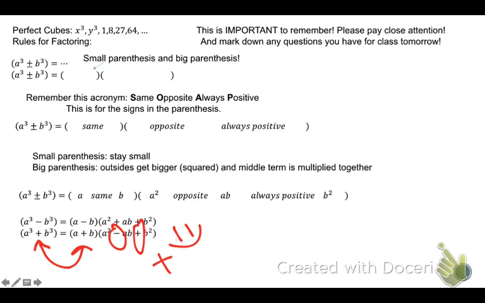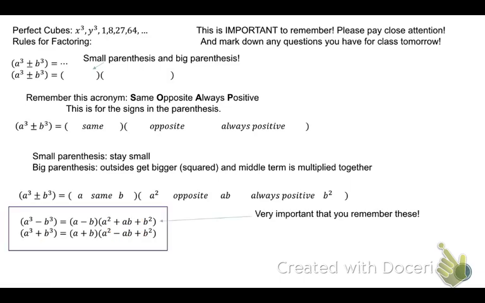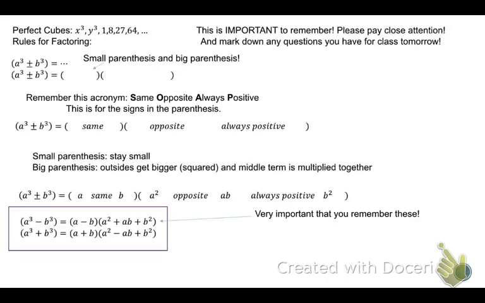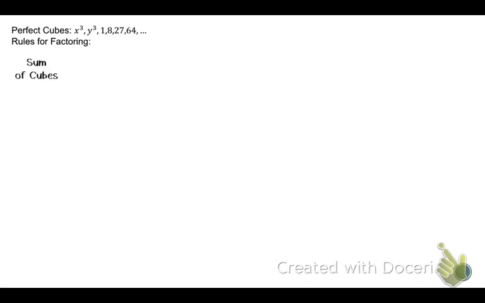And then the a squared, ab, and b squared don't change. And that's something to remember, that these are very similar. The only difference is a sign, okay? And the sign in the first parenthesis is always the same as the sign that you started with, okay?